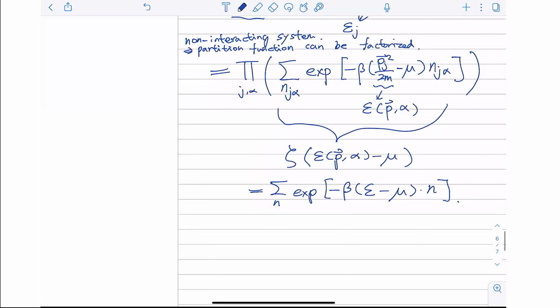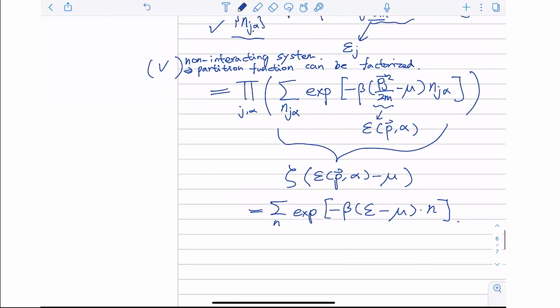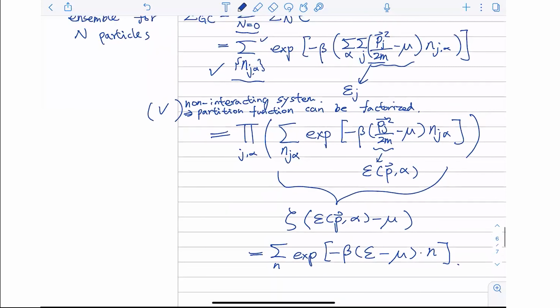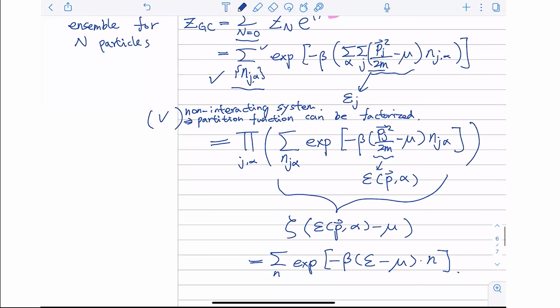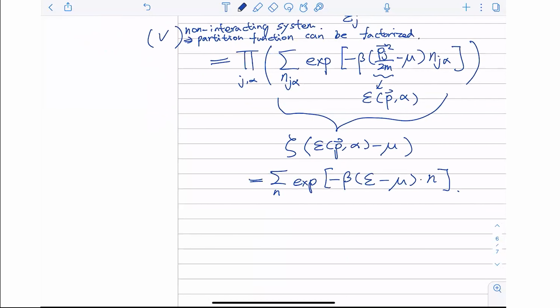So because of this simplification of the non-interacting particle assumption, we reduce the many particle partition function into analysis for a single particle problem.